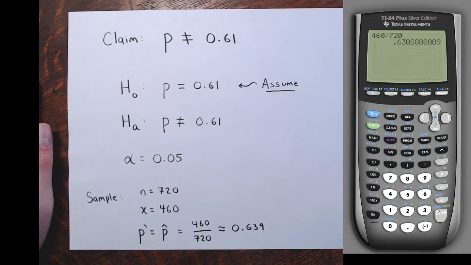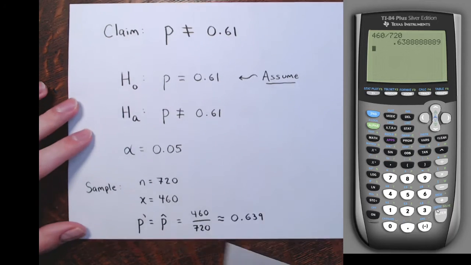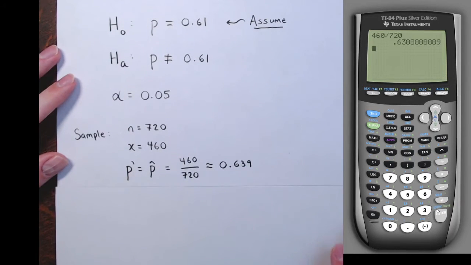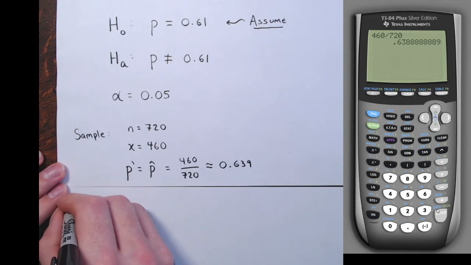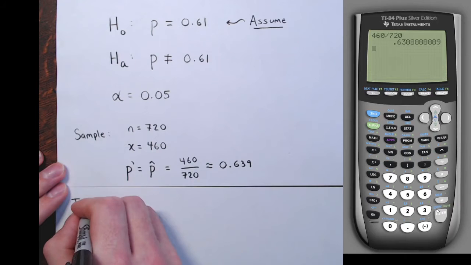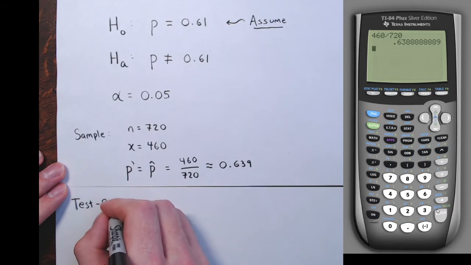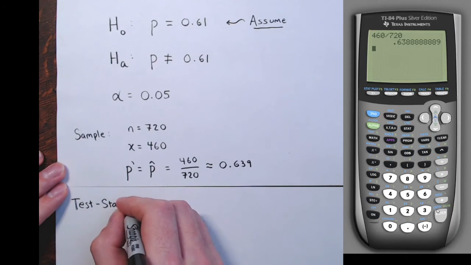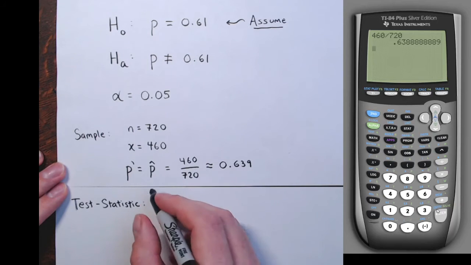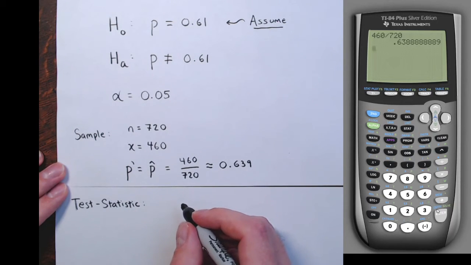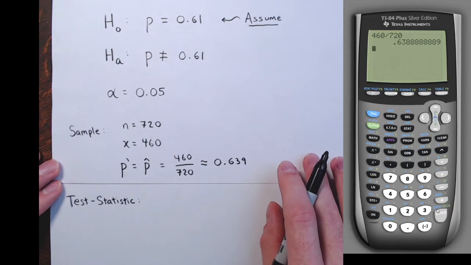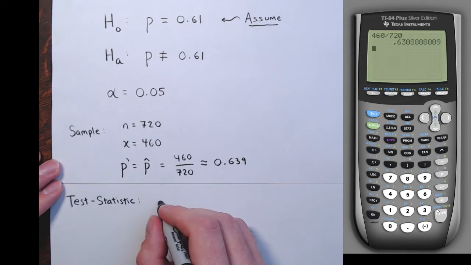Using the fact that we're working with a normal distribution, we then find the test statistic for our sample proportion, which is a z-score for these tests about a single proportion.